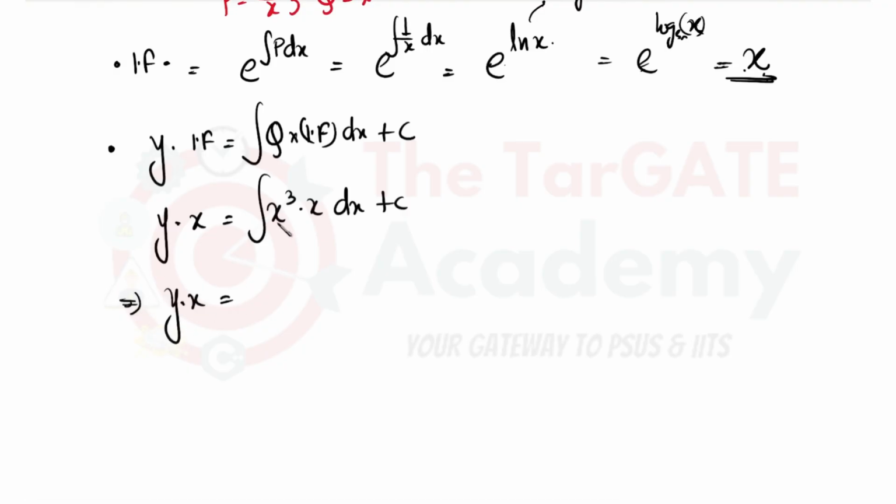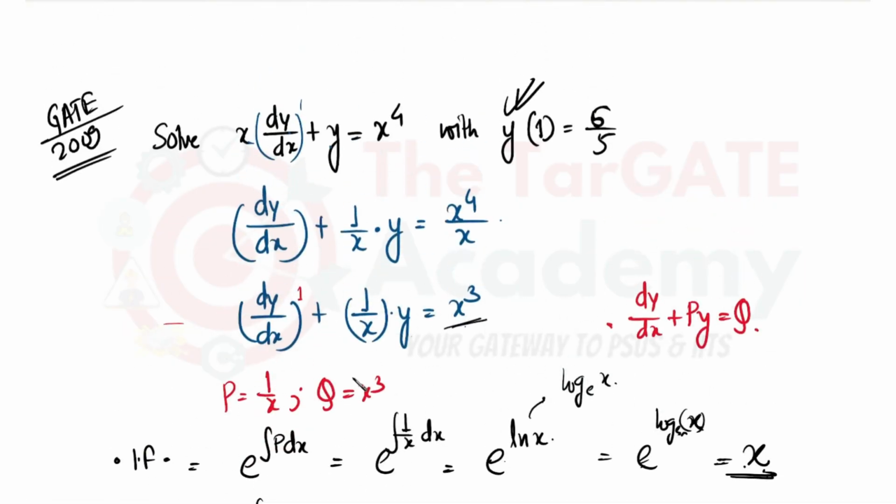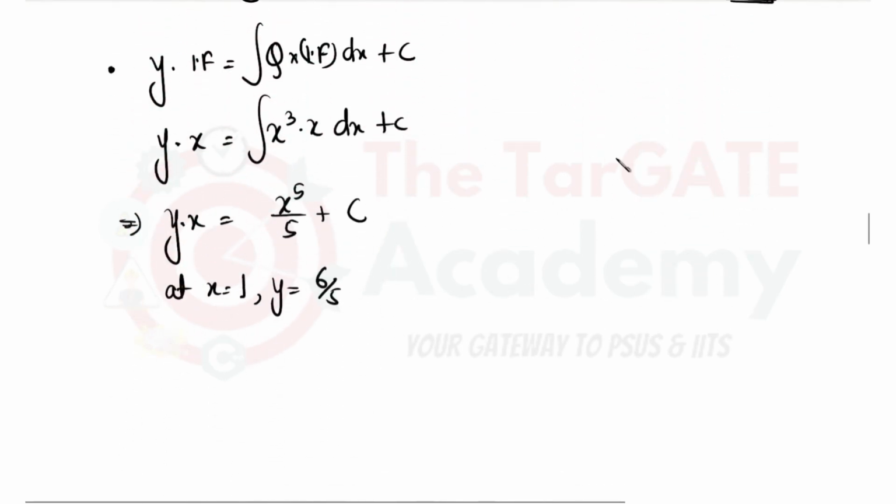y into x, so x to the power 4, the integration of x to the power 4 is x to the power 5 by 5 plus c. So at x equal to 1, y is equal to 6 by 5. Check it guys. Put the value of x, so the value of y is 6 by 5, the value of x is 1, so 1 by 5 plus c.